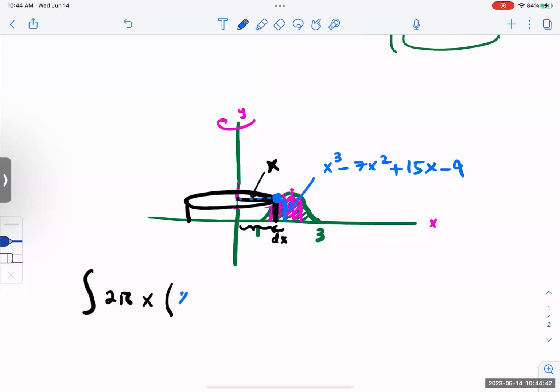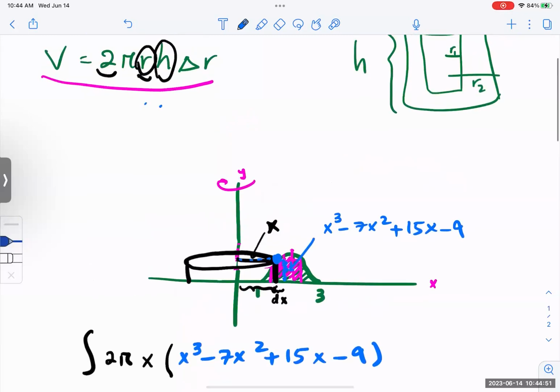Did I copy it right? Yes. So that's my h: x cubed minus 7x squared plus 15x minus 9. You are not squaring, you're not manipulating that function at all. It's just the height.